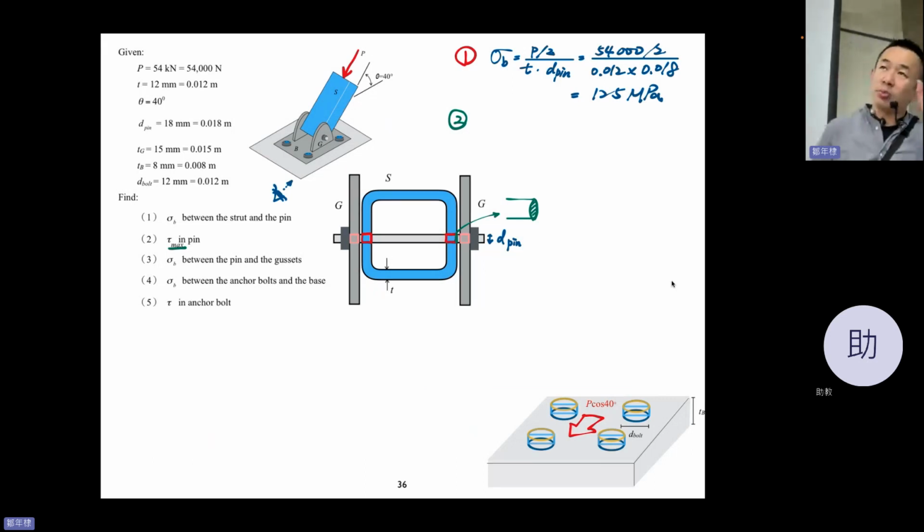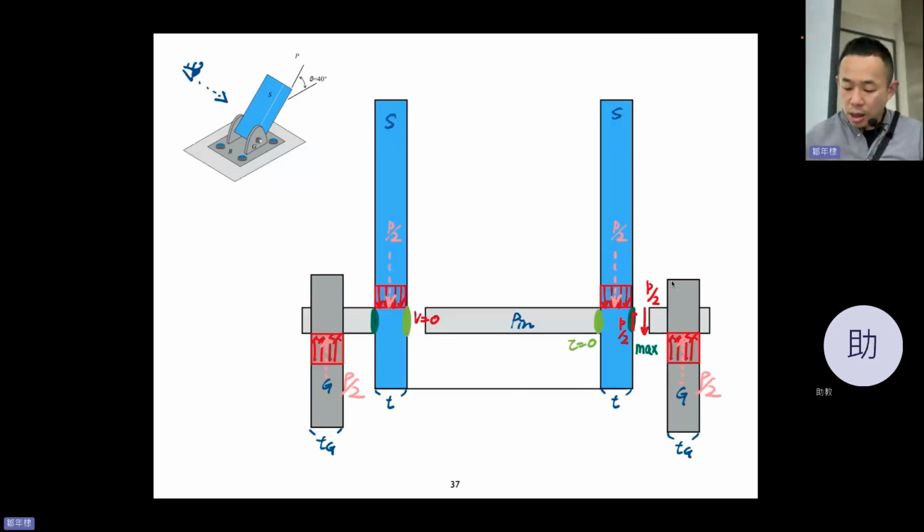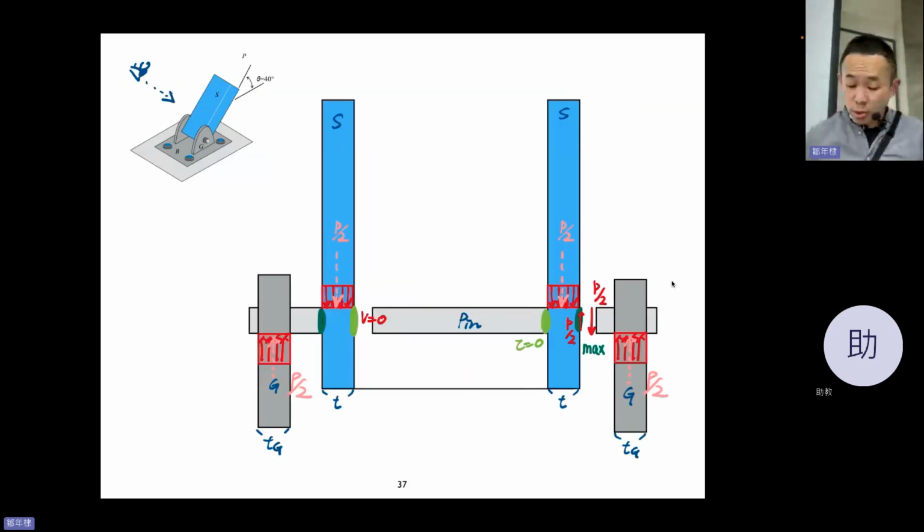You can imagine the force flowing onto that pin, and you have a rectangular area bearing this force. So the bearing stress will be like that. And the second one is tau max in the pin. Why tau max in the pin? Because we draw this figure.